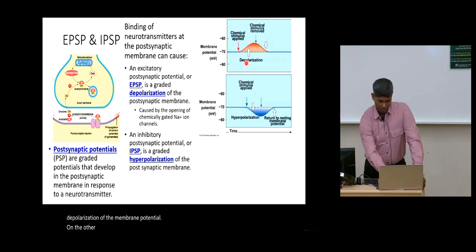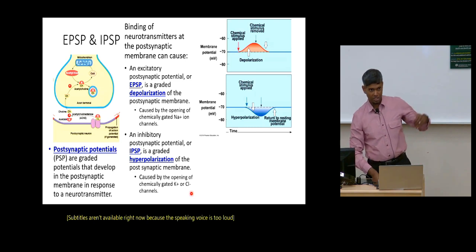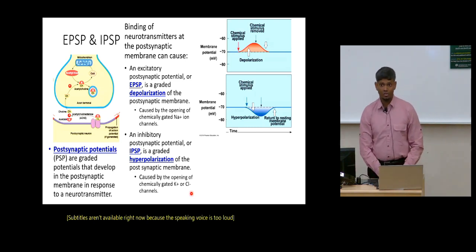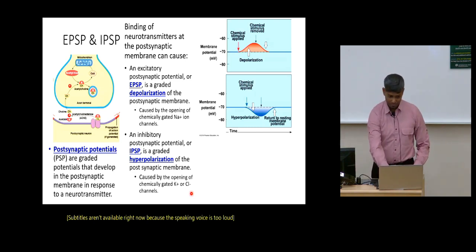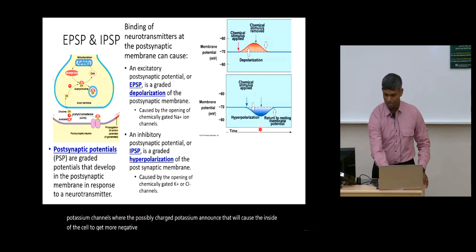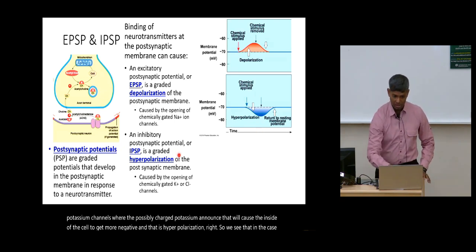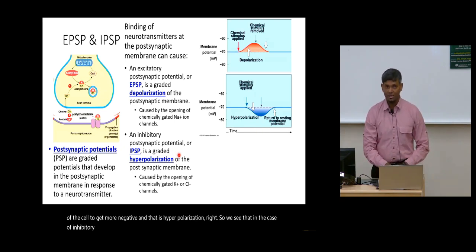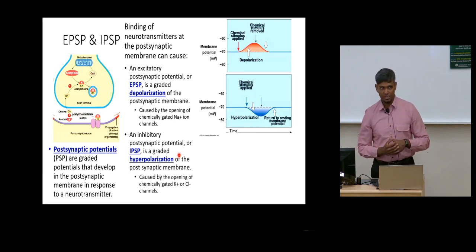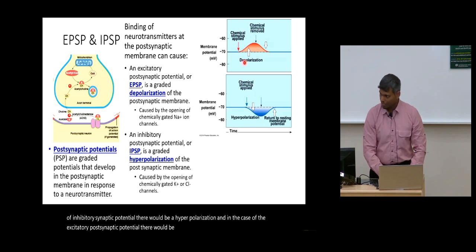On the other hand, if you have the opening of either chloride channels, which means negatively charged chloride ions enter, or the opening of potassium channels, where the positively charged potassium ions leave the cell, that will cause the inside of the cell to get more negative, and that is hyperpolarization. So in the case of inhibitory postsynaptic potential, there would be a hyperpolarization, and in the case of the excitatory postsynaptic potential, there would be a depolarization.